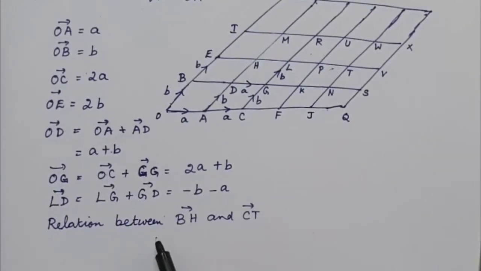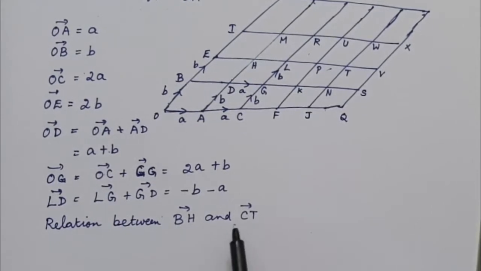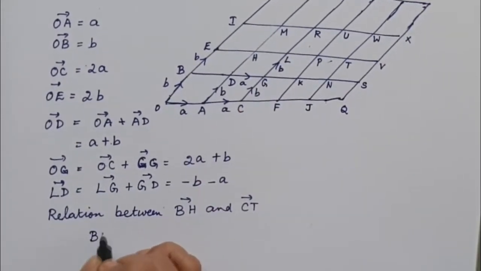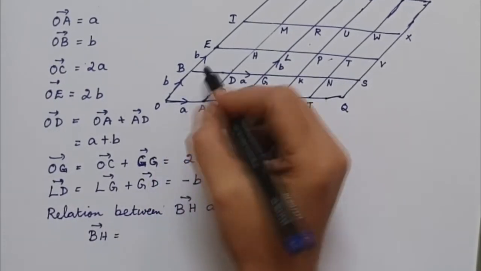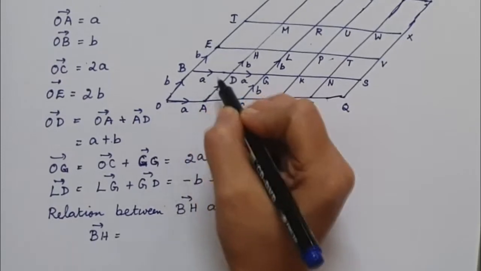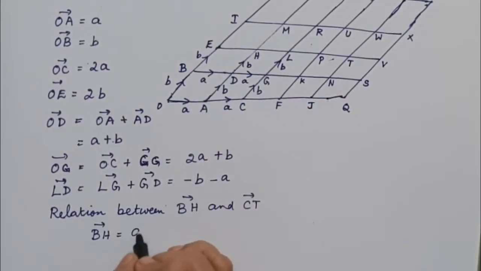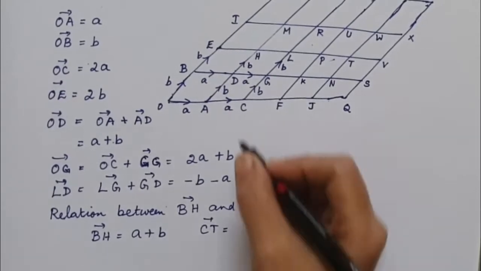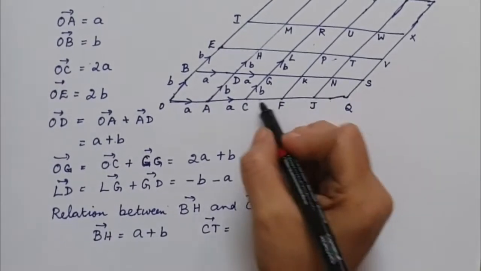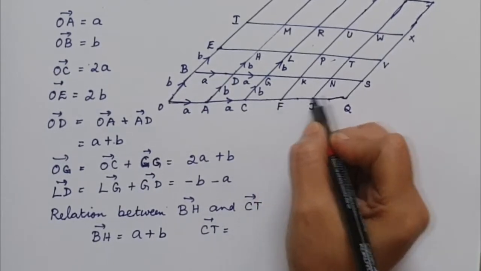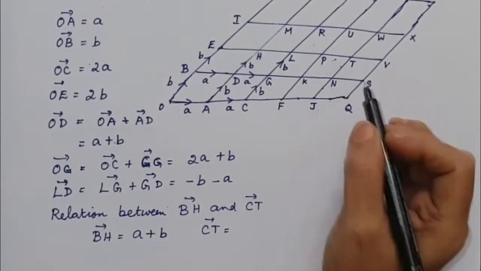We see the relation between vectors BH and CT. Now our vector BH, when we write, BH will be equal to, this is A and this is a B. So it will be equal to A plus B. And then our CT, here is a C and here it is T. So this will be A and here also A, so it is 2A, and this will be B and B, 2B.